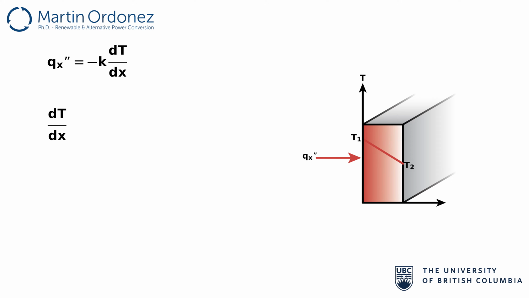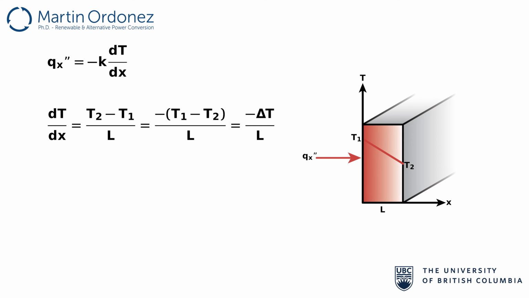That is, the temperature gradient can be expressed as T2 minus T1 over the length L, which can be represented as negative delta T over L. That is, we can consider dT by dx as the temperature difference delta T between two different points divided by the distance between these points.